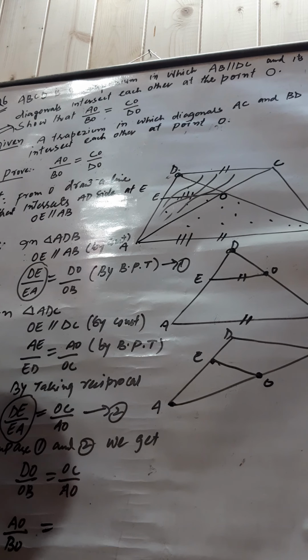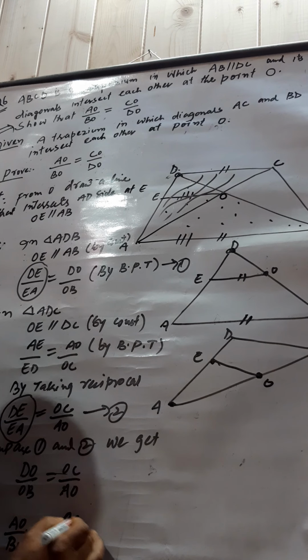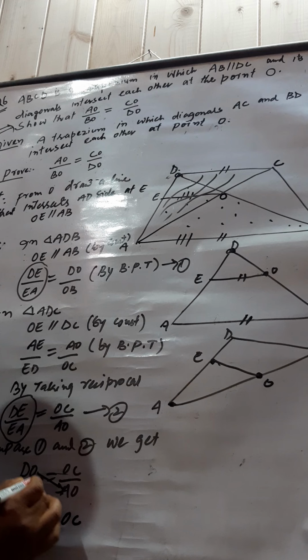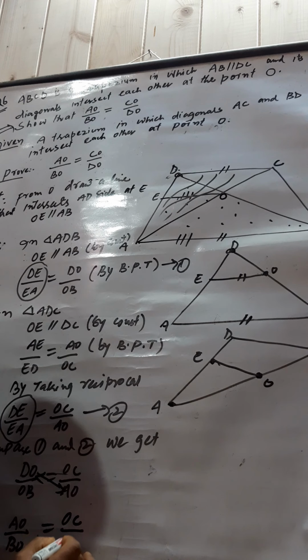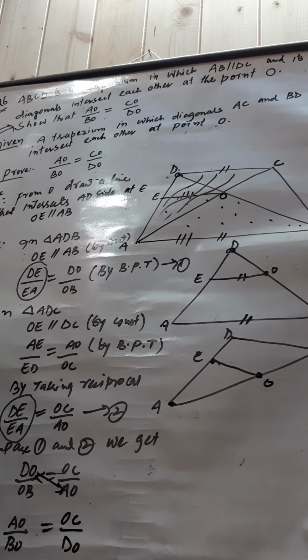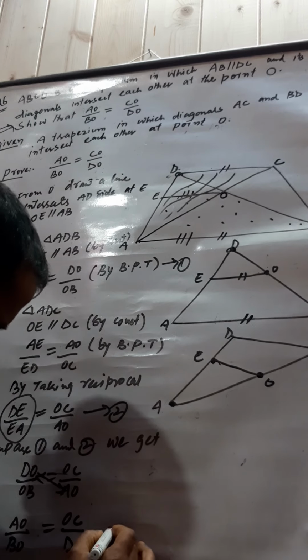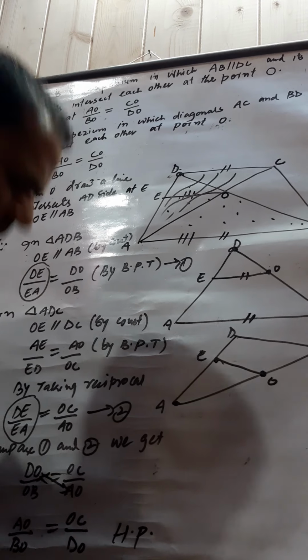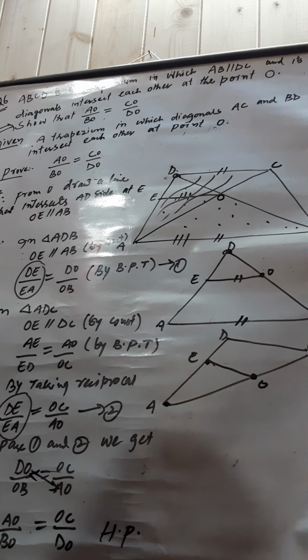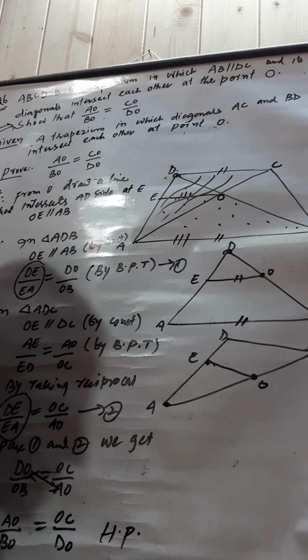So AO/BO = OC as it is, and this DO will shift to the bottom: AO/BO = CO/DO. Hence proved. Okay, hope that you understand it very well. Thank you.